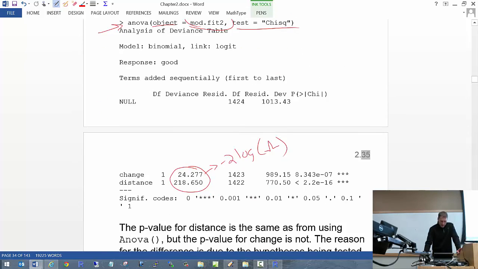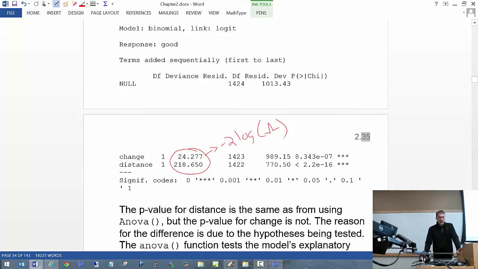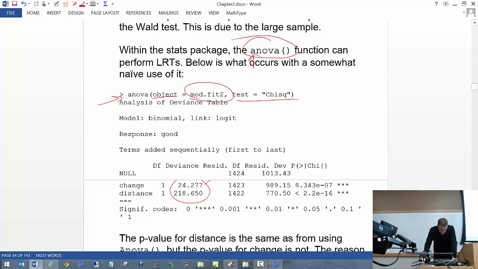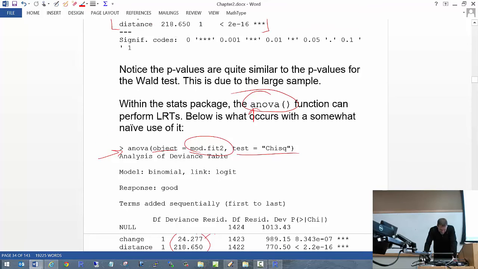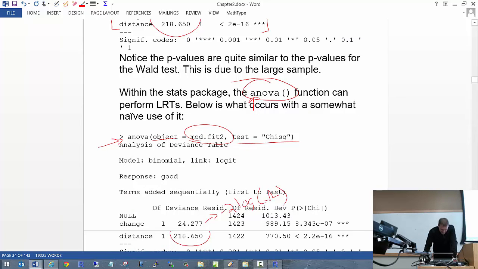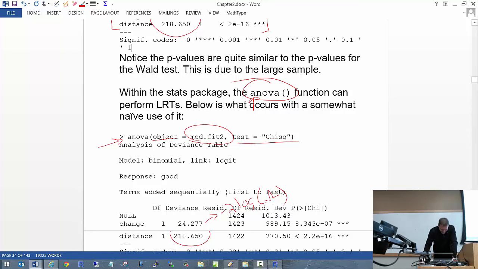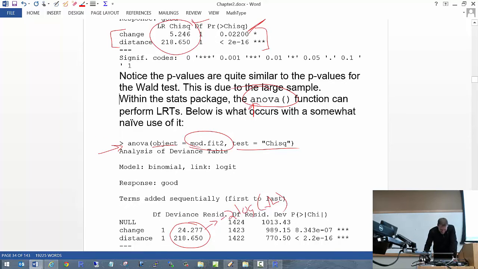But you will notice that they are not exactly the same. Let me see if I can get this on one page. There we go.